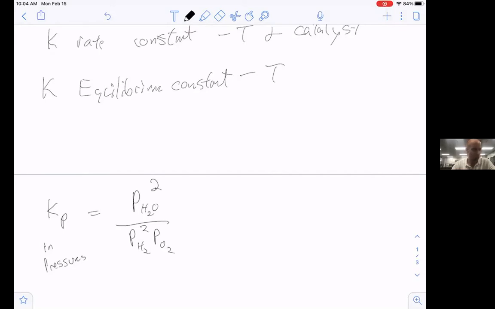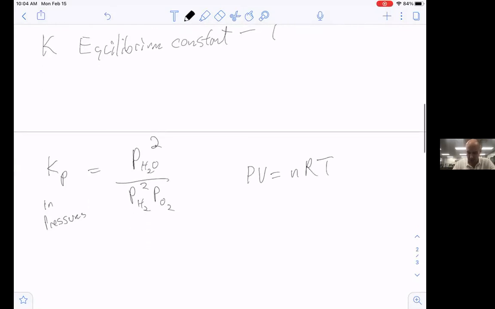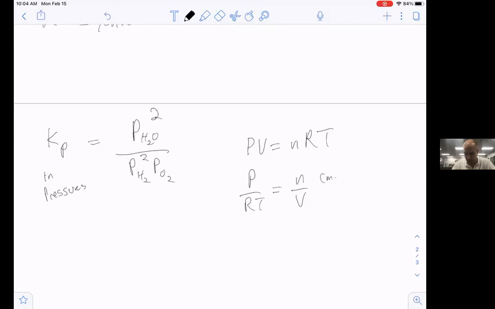Now you can convert one to the other because with the ideal gas equation, PV equals nRT. And then P over RT is equal to n over V. What is n? n is moles. What is V? Volume. What is another name for moles per volume?